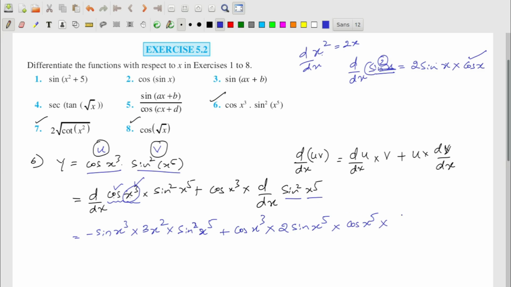In the third step, you need to find the derivative of x raised to 5, which is equal to 5 times x raised to 4. First start from the square, then sin, and then x raised to 5, because I have seen most students taking the derivative of x raised to 5 in the first or second step. You are not supposed to take the derivative of x raised to 5 in the first and second steps. Keep them as it is. In the third, you take it as 5x raised to 4.